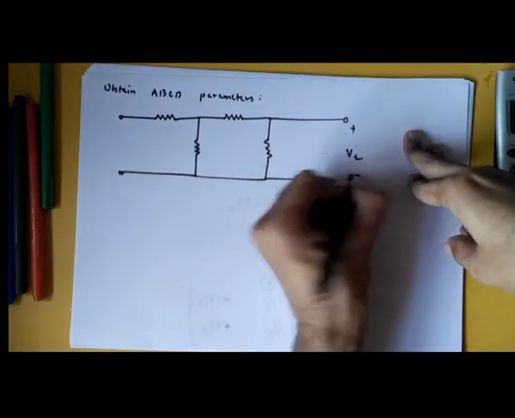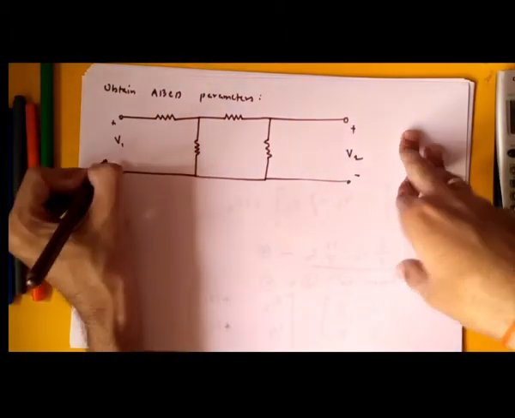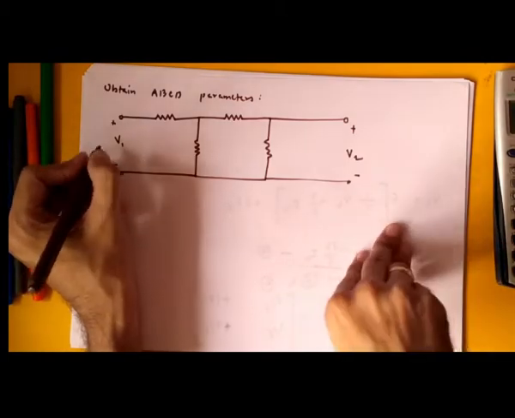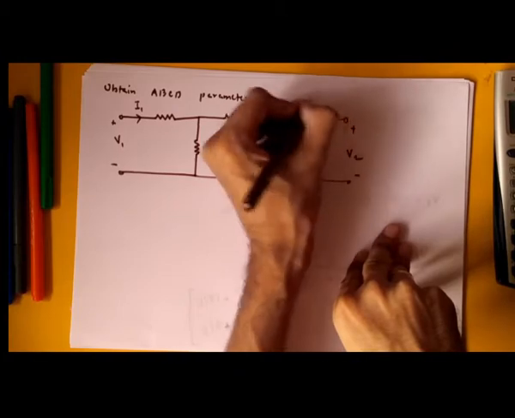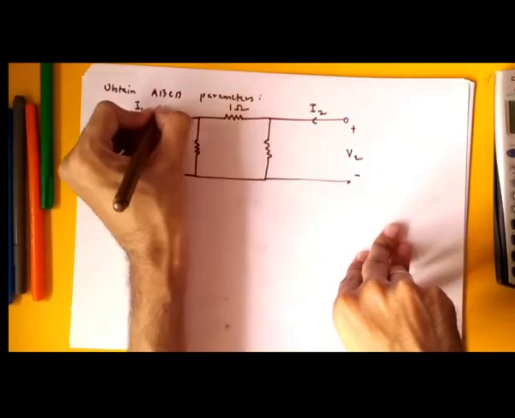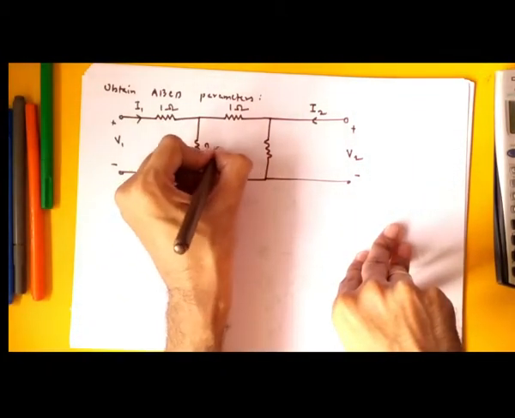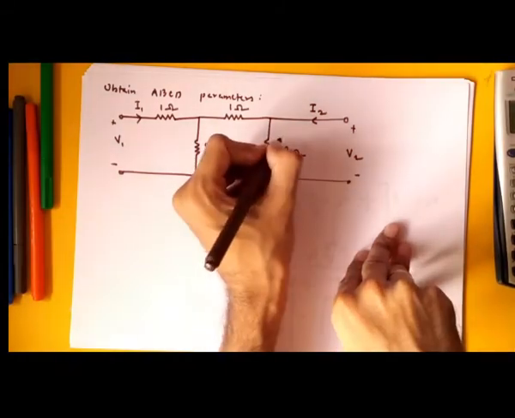So as usual, this is V2, V1, this is I1, this is I2, 1 ohms, 1 ohms, 2 ohms and 2 ohms.